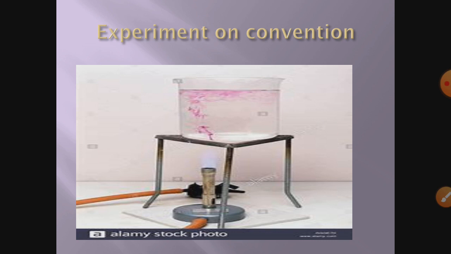That's why we have used crystals of potassium permanganate, so that we can see that water which is lighter moves upward. Why is it lighter? Because it is heated up. And the colder water comes down, it settles down, and in this way a convection current is created, and ultimately the whole beaker gets heated up.